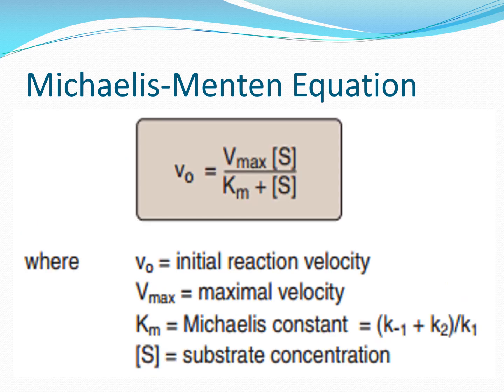So for you to understand the Michaelis-Menten equation, you have to know the concept of initial reaction velocity and your maximal velocity, such that your Km, your Michaelis constant, and your substrate concentration would follow this equation.